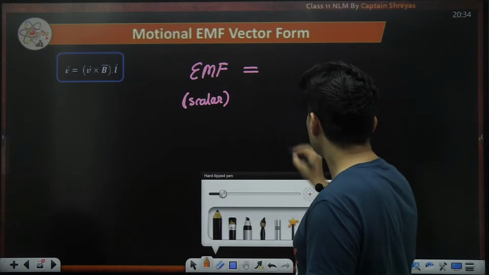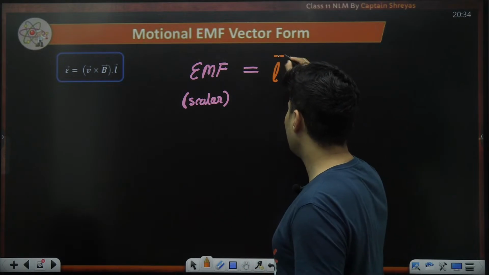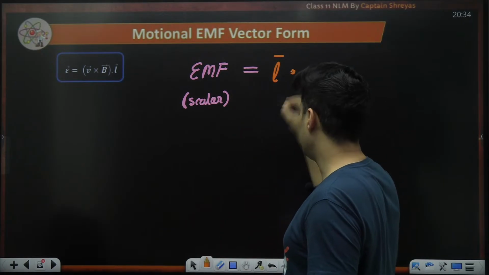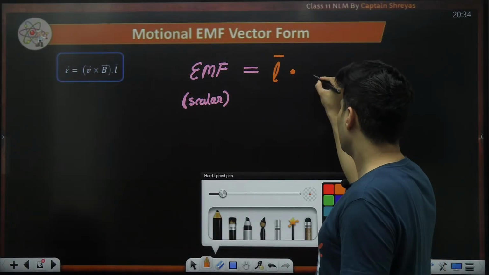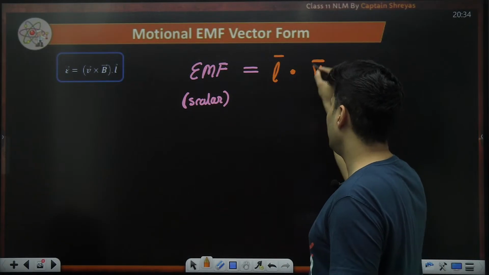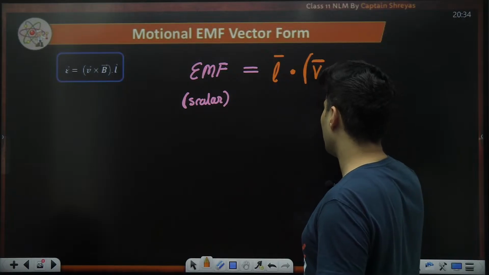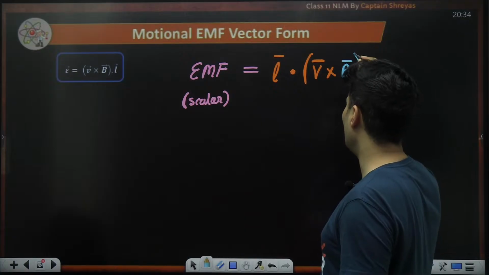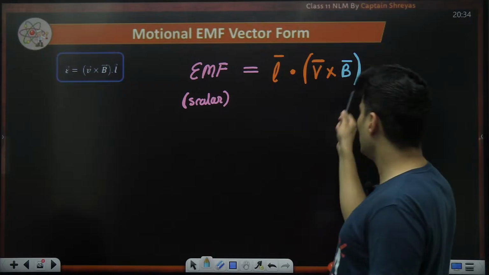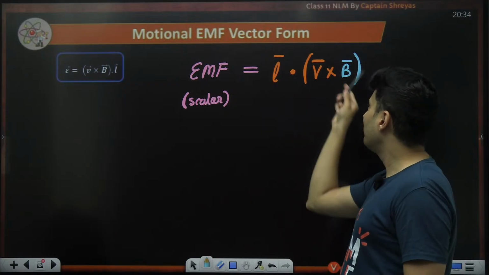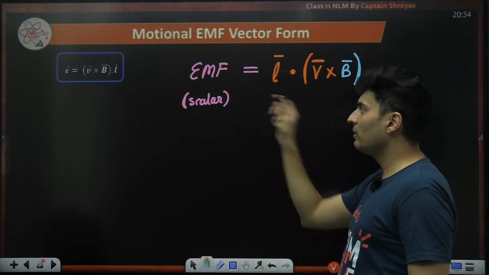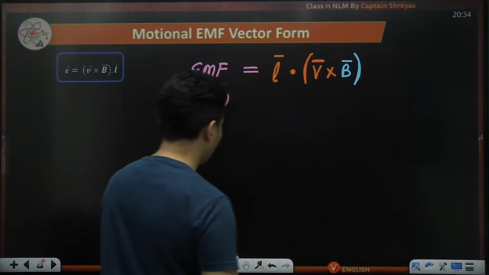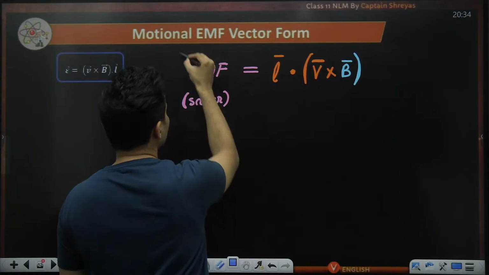So what you have is the length, the length of the conductor along which you are measuring that EMF, dot producted with the velocity of that conductor cross product with the magnetic field in which it is moving. That's it. So first you do the cross product, so that will be a vector. When you do the dot product, it will become a scalar quantity, which kind of makes sense. And now this is the final form. So please remember this particular form.